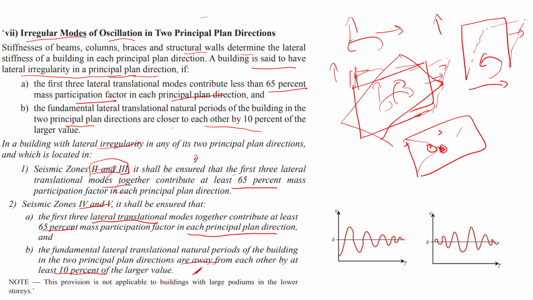The fundamental lateral translation natural period of a building in the two principal plan directions should be away from each other by at least 10% of the larger value. So whatever is happening, it should cross 10%. It shouldn't be below 10%. That is what they are trying to tell. Lateral translation natural period.